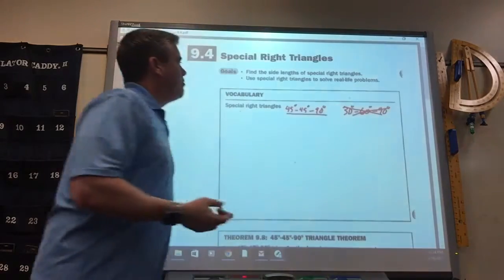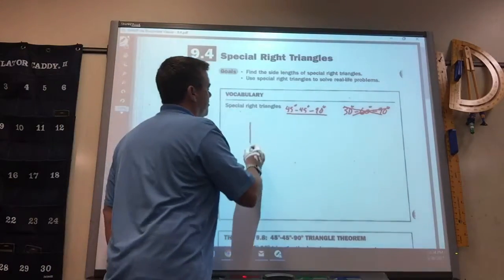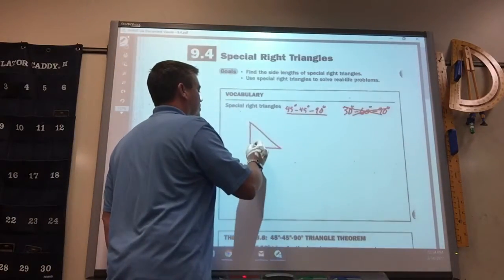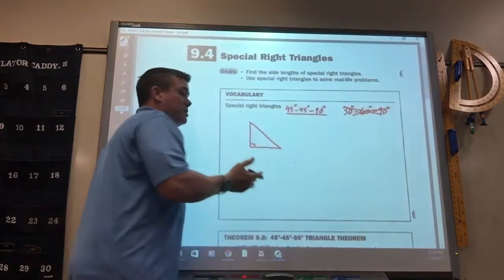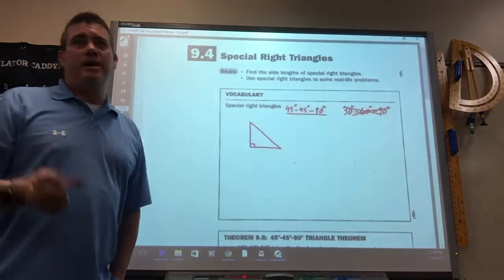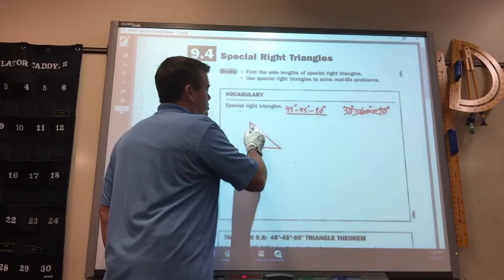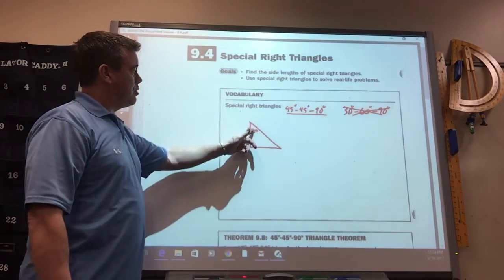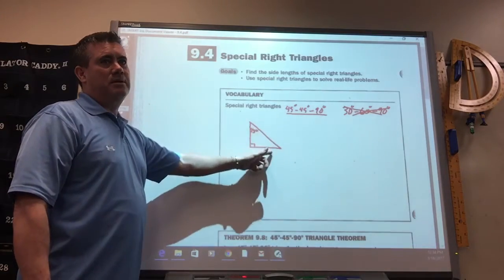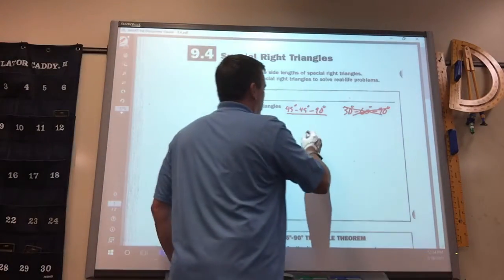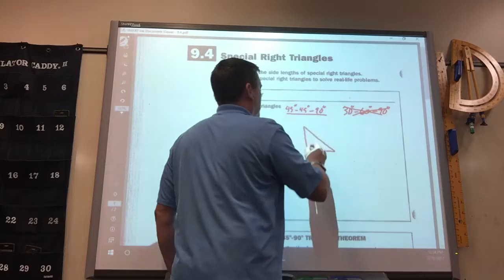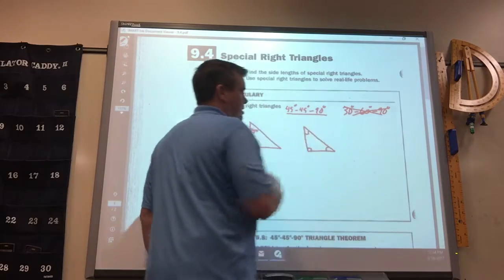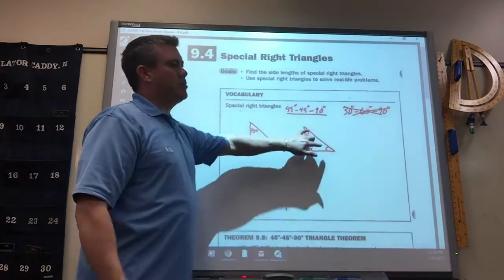So, on a 45, 45, 90, there's different ways that they'll draw the triangle for you. Sometimes they'll just put 45 there, and you need to recognize that since this is 45, this one also has to be 45. Or sometimes they'll just put in that these two are the same, which means they have to be 45.